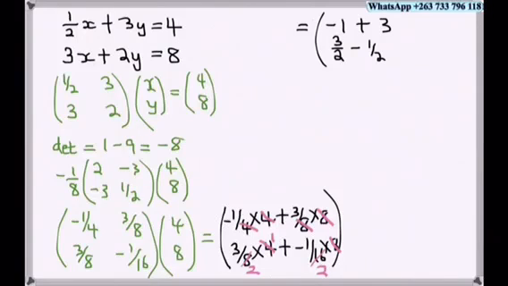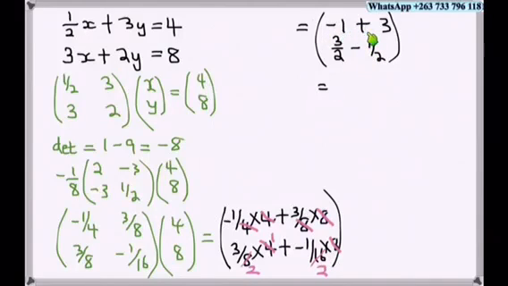So these will be our values: minus 1 from here plus 3 from here. Since these 8s cancelled each other, then here 4 cancels 8 to give 2, so this becomes 3 over 2 plus minus, this will become a negative. 8 will cancel 16 to give 2, so this is minus a half.